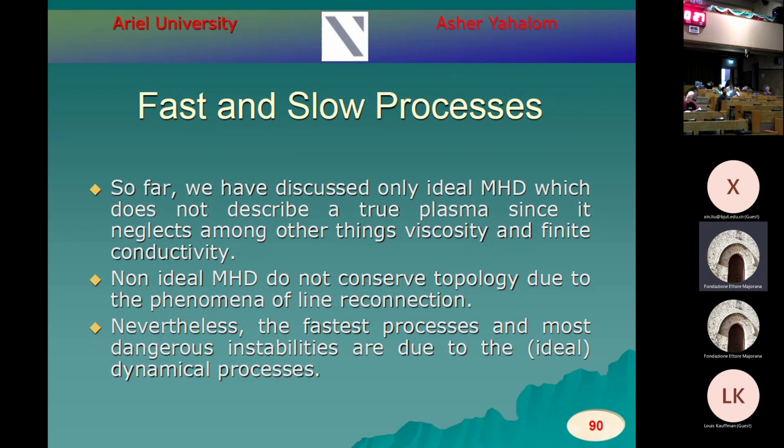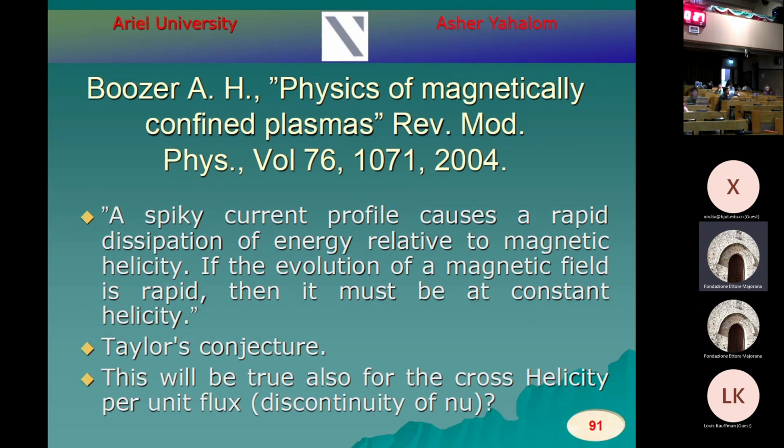But of course, all this is true only for ideal magnetohydrodynamics, and we have to say something about non-ideal magnetohydrodynamics. So far, we have discussed only ideal MHD, which does not describe a true plasma since it neglects, among other things, viscosity and finite conductivity. Non-ideal MHD does not conserve topology due to the phenomenon of line reconnection. Nevertheless, the fastest processes and most dangerous instabilities are due to ideal dynamical processes.